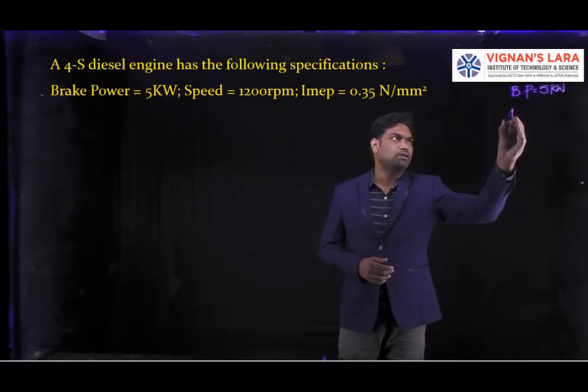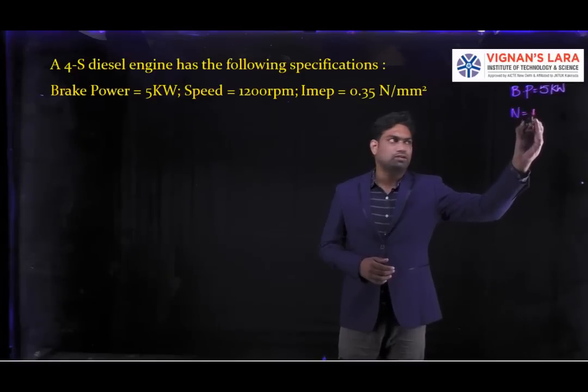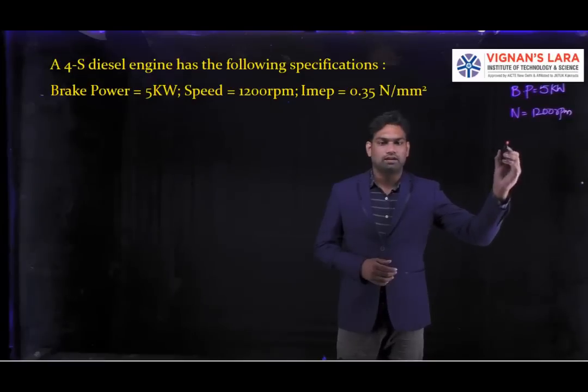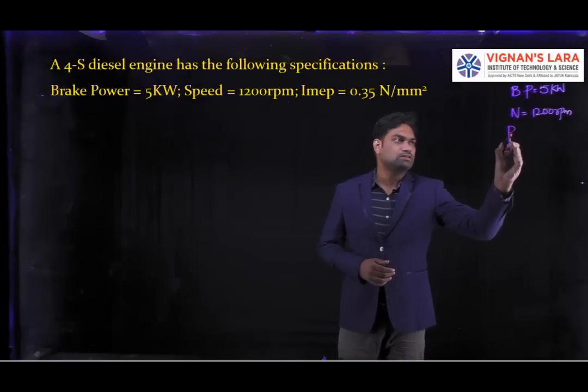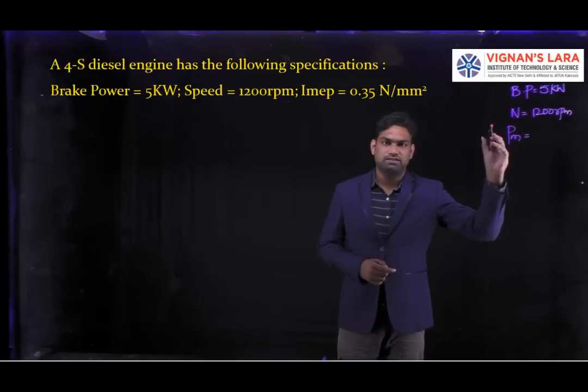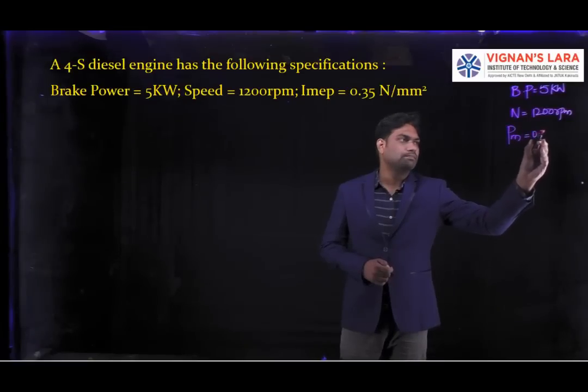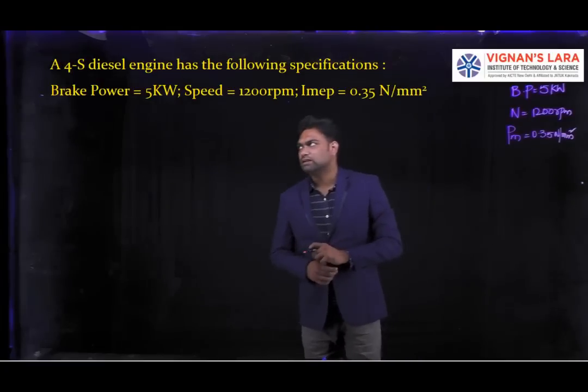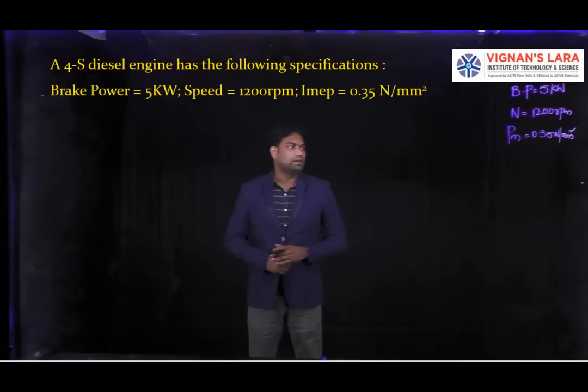The speed of the engine is 1200 RPM. And the indicated mean effective pressure, denoted by Pm, is 0.35 Newton per mm square. This is the data used to design for these specifications.